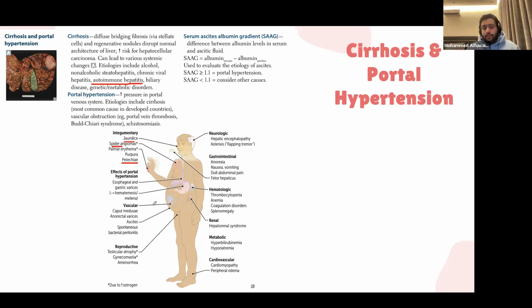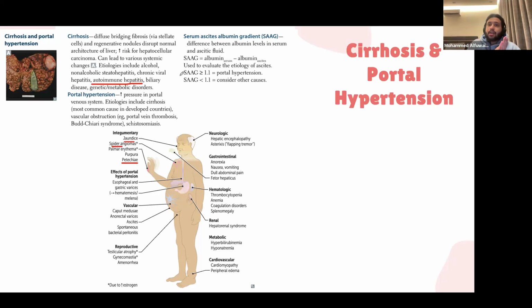Then patients with cirrhosis will have portal hypertension, which leads to many things. With portal hypertension, they will have portal systemic shunts, where basically the portal circulation and systemic circulation will meet.